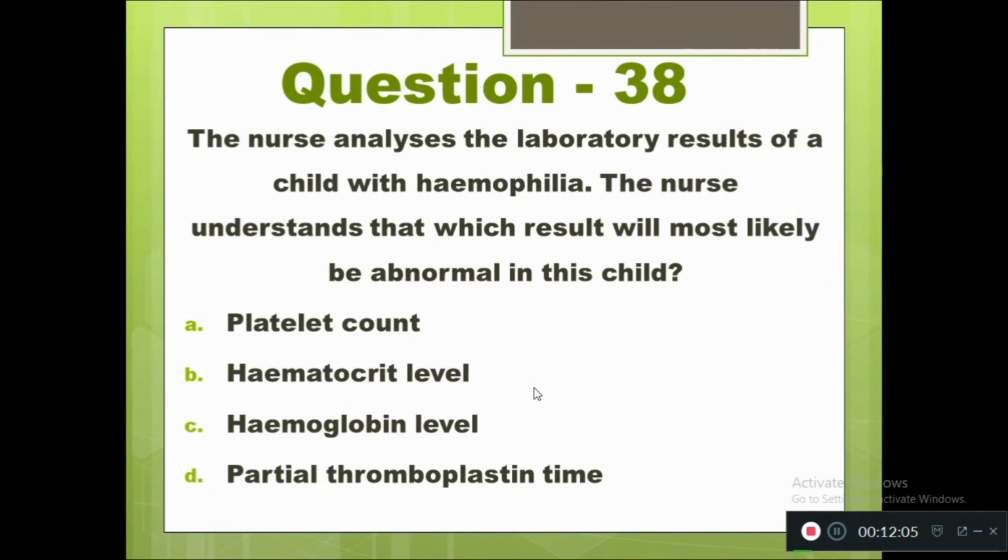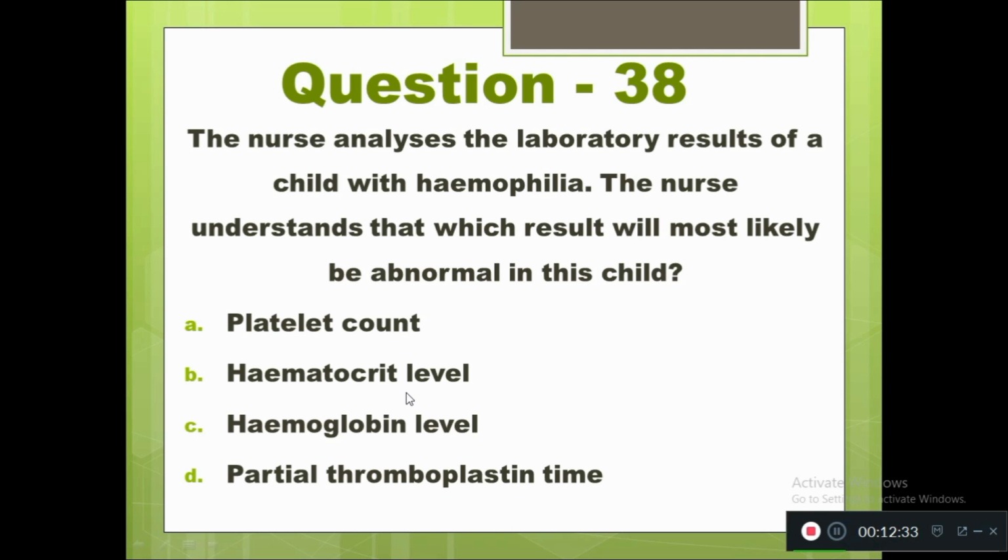Next question. The nurse analyzes the laboratory results of a child with hemophilia. The nurse understands that which result will most likely be abnormal in this child. Option A, platelet count.